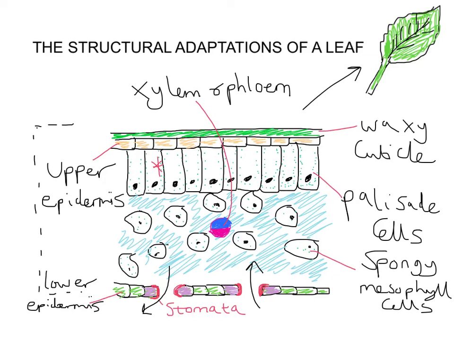Now they are made up of dead hollow tubes, they're the xylem, and living cells called phloem, which are continuous with the stem and the root. And their job, for the xylem, is to transport water up and down the plant, and I say up and down, but essentially from the root towards the leaf, and the job of the phloem is for the transport of minerals and sugars within the plant in a process called translocation.